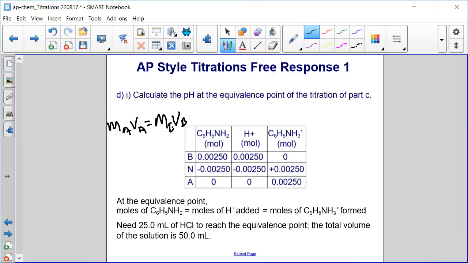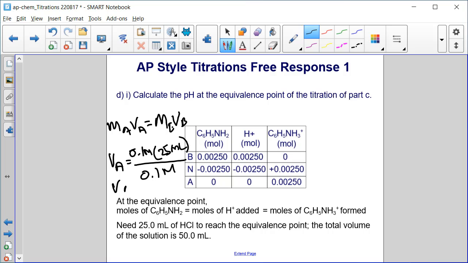So how much acid do we need to add in order to reach our equivalence point? If we go back to what was given, we know that the concentration of the aniline base is 0.1 molar, and that we start out with 25 milliliters, and we know that the concentration of the HCl being added is also 0.1 molar.